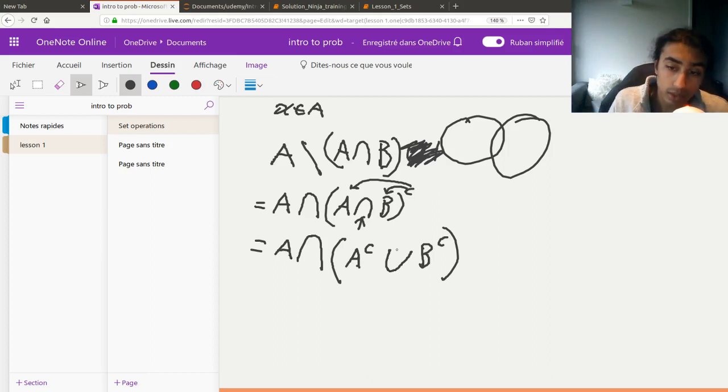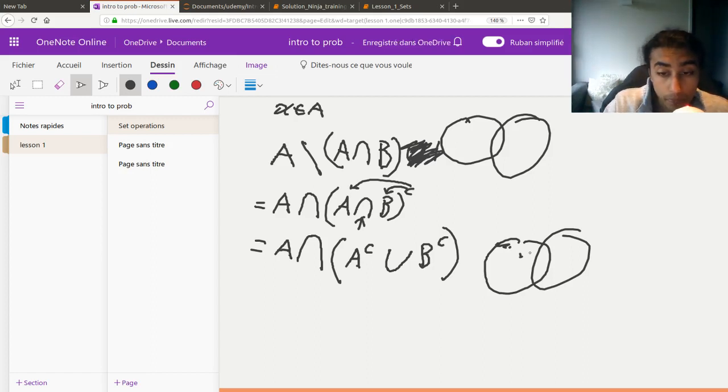I don't want to do it because the video will get too long, but you can try to reason why this thing here is equal to this thing. The way you do it is you draw two circles and then shade in which region is which, and then you'll find that both sets are equal. Anyway, moving on, we can distribute this intersect here.